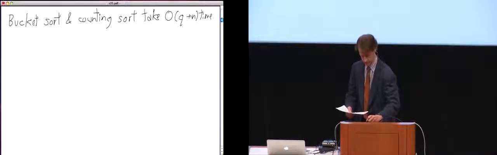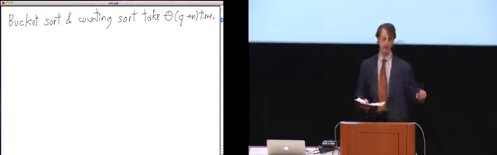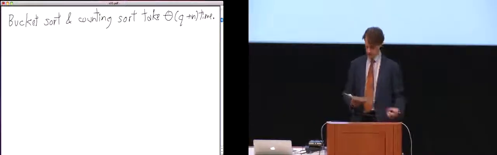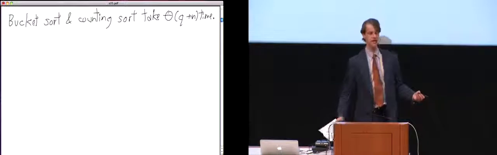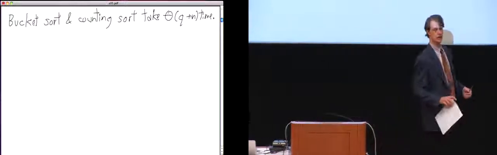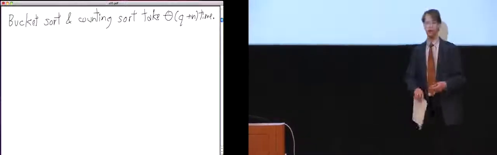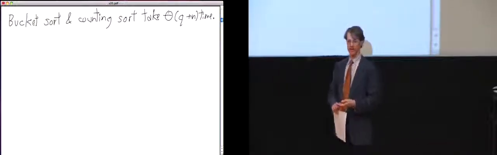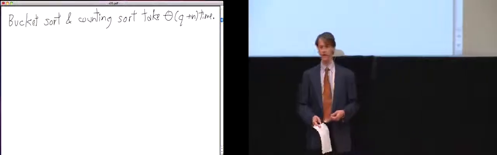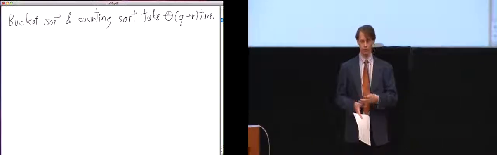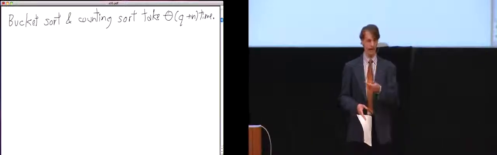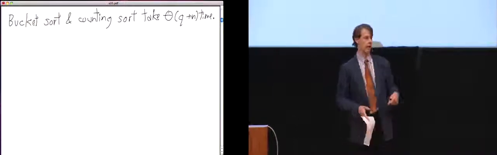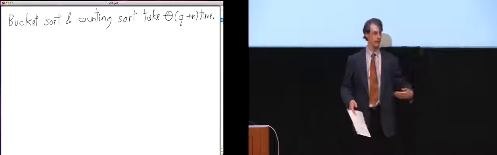And in fact, theta of q plus n time, and that's both the worst case and the best case time, because it takes q time to initialize the counts array and to do the scan. It takes n time to go through all the items, increment their counts, go through all the items a second time, and put them into the correct spot in the output array.